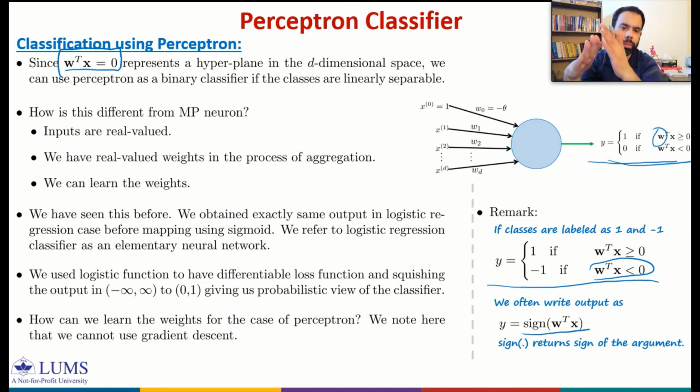If that inner product is non-negative, the output is 1. If the inner product is negative, the output is 0. That's a simple classifier, the perceptron classifier. Right? We stop here. In the next video, we will talk about the perceptron learning algorithm.